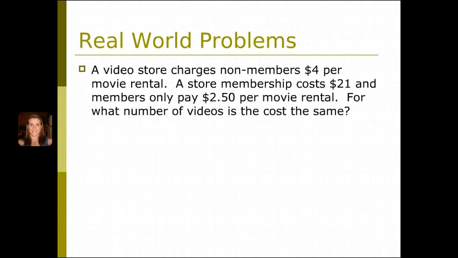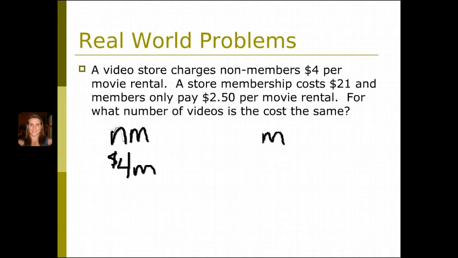So we are comparing members and non-members. On one side we have non-members. On the other side we have members. Well, our non-members are charged $4 per movie, per meaning multiply.